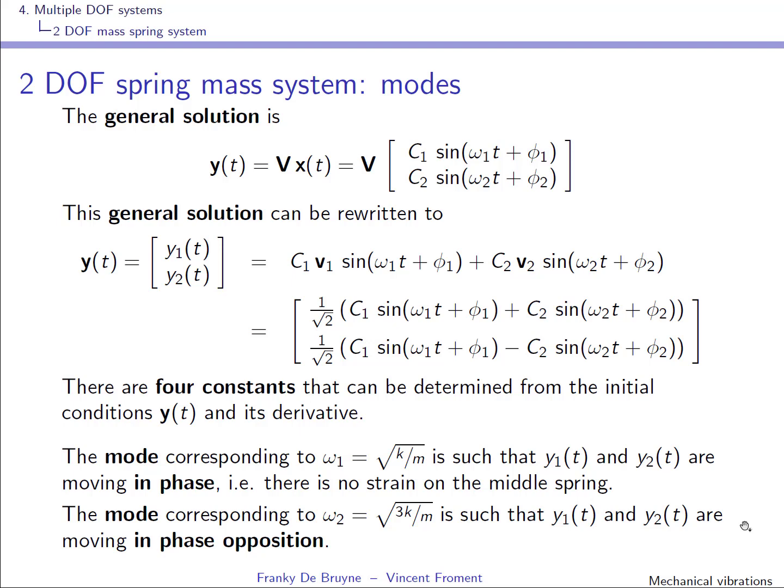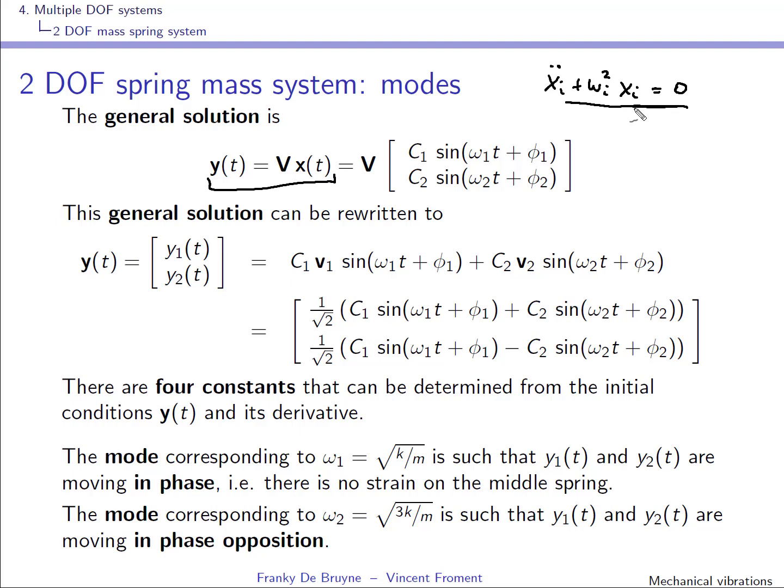Well, we had just seen that we had decoupled our problem using our change of coordinate, that is right here, and we had obtained two decoupled differential equations that are like this: xi double dot plus omega i squared xi is equal to 0, and this is of course a differential equation that you know very well.